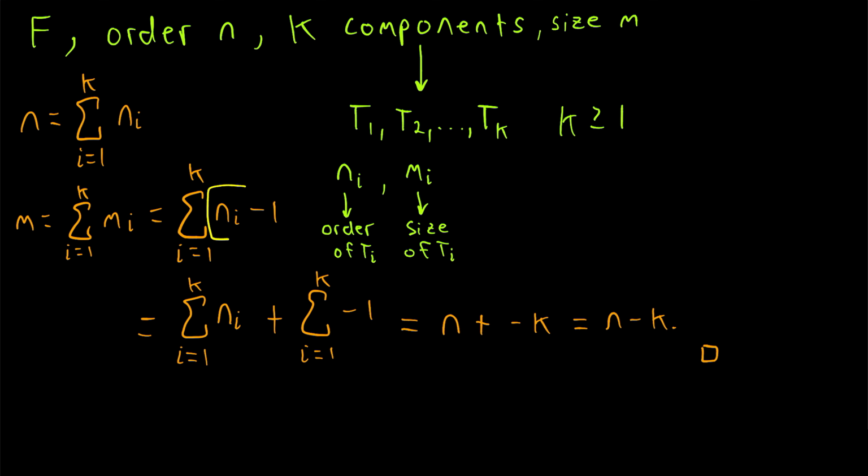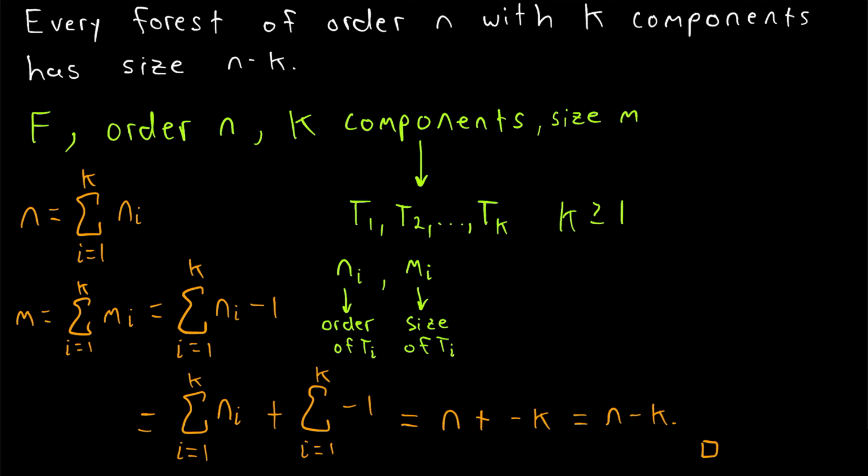So each component has one less edge than it has vertices, and voila, that gives us our result very quickly. And that is how we prove that a forest of order n with k components has a size of n minus k. It's basically just a generalization of the result that a tree of order n has size n minus 1.